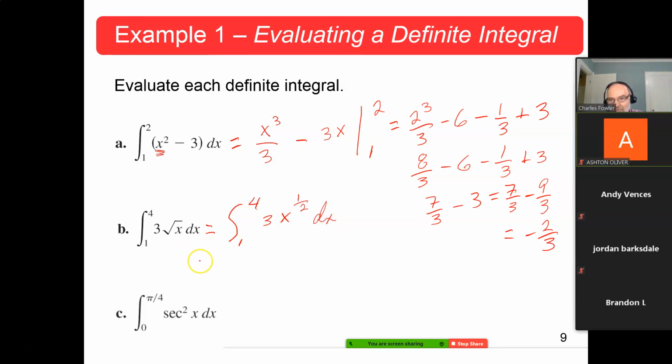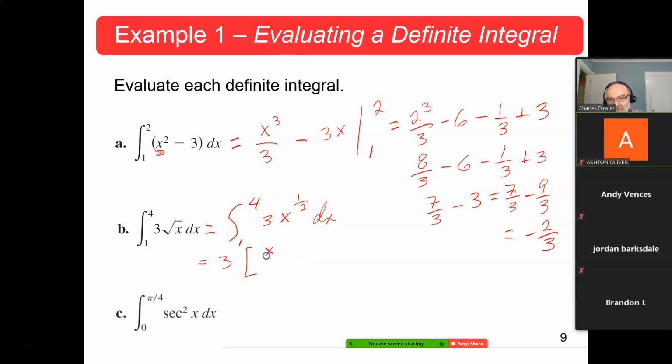Now, I'm going to use one of my principles before. Let's take that 3 on the outside. I don't like it in there. Okay. Now, let's just evaluate the integral of x to the 1/2.